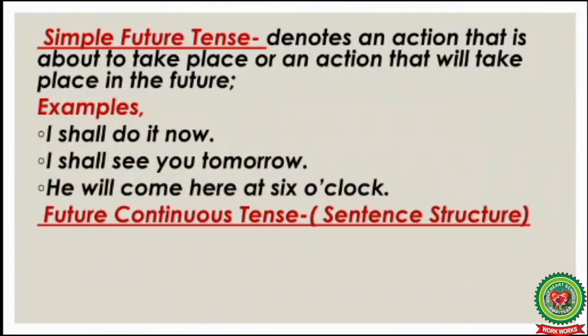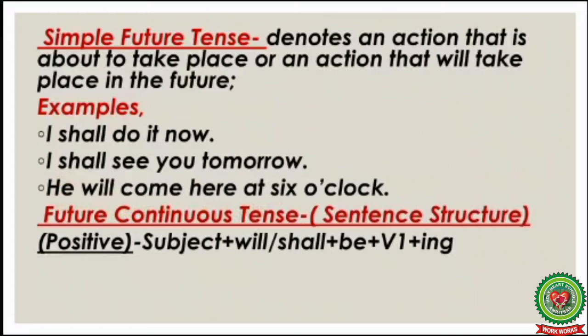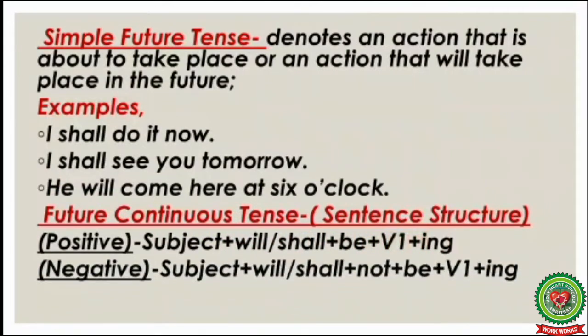Now let's discuss the sentence structure of future continuous tense. In the positive sentence, the structure is subject plus will or shall plus be plus present form of the verb plus ing. In negative sentence, the structure is subject plus will or shall plus not plus be plus present form of the verb plus ing.